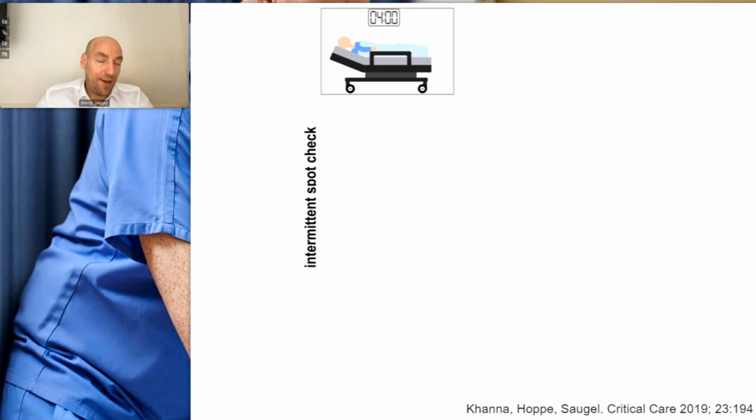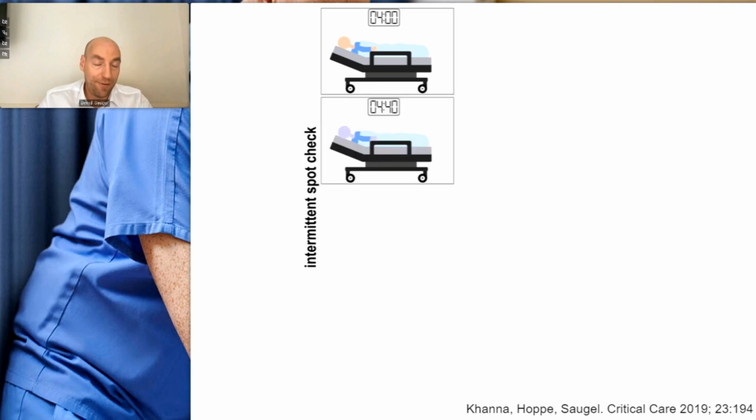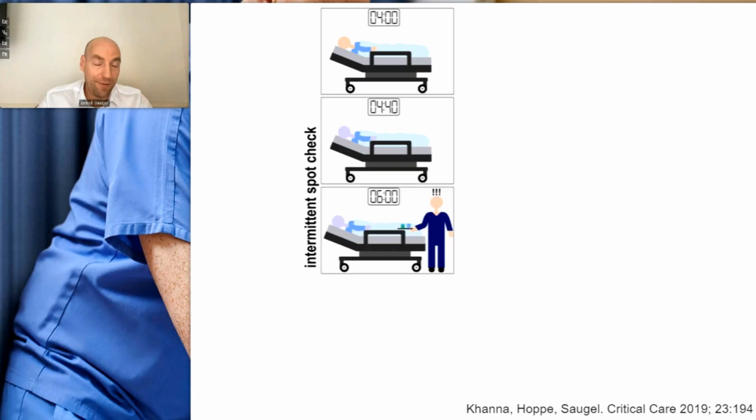And to illustrate this, I will show you this figure that represents a realistic scenario of what happens in many, many hospitals throughout the world, unfortunately, every day. So imagine a patient who is well at 4 o'clock in the morning, but at 4:40, he or she develops a respiratory problem, for example, gets hypoxemic, does not have enough oxygen in his blood, and that is only noticed a couple of hours later during the first round of the nurses in the morning, for example, at 6 o'clock.